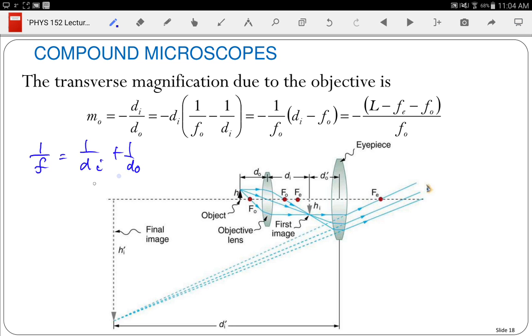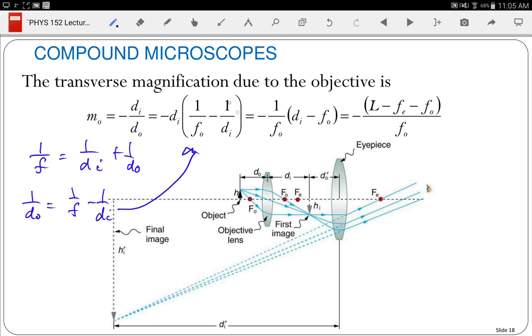I just solved that for 1 over distance object. And so this is what's inside that parenthesis. That's 1 over distance object that you had in the definition of magnification. But then I took that and said, let's bring the DI inside and factor out a focal length of the objective.